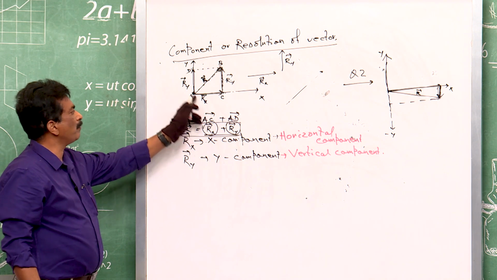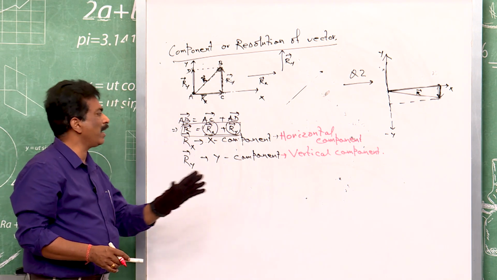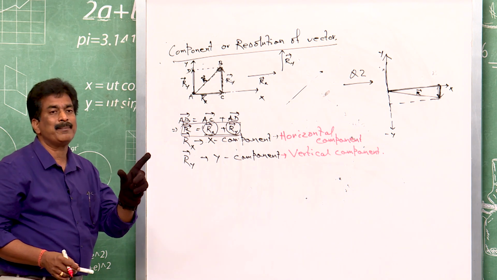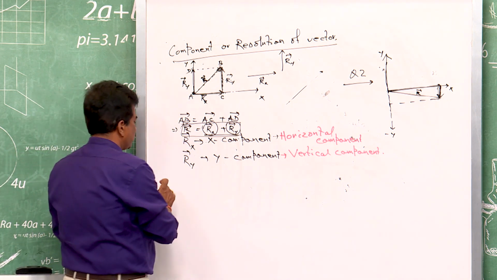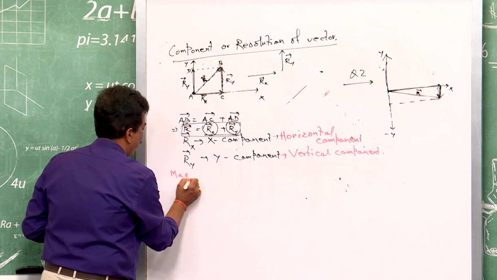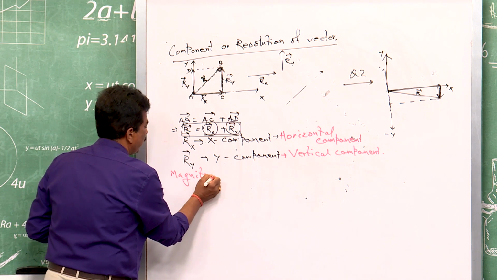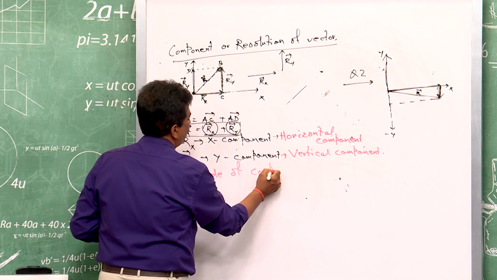So, horizontal component and vertical component. If the components are there, then we have to discuss what will be their magnitude and how that vector is represented. So, next comes the magnitude of component vectors.